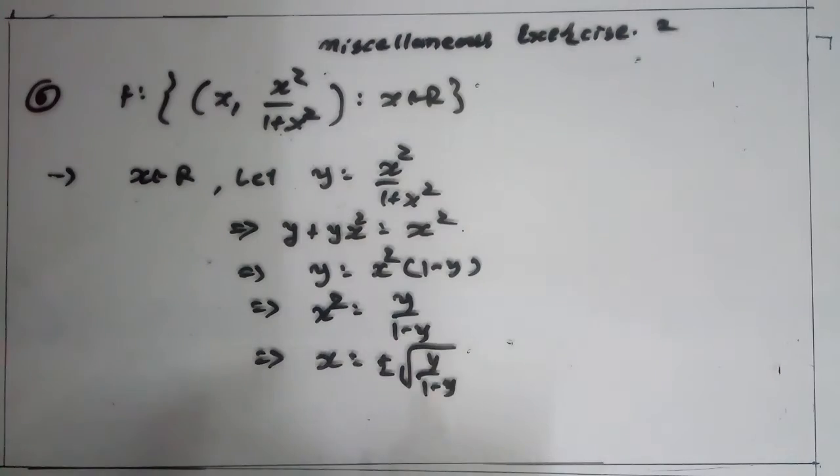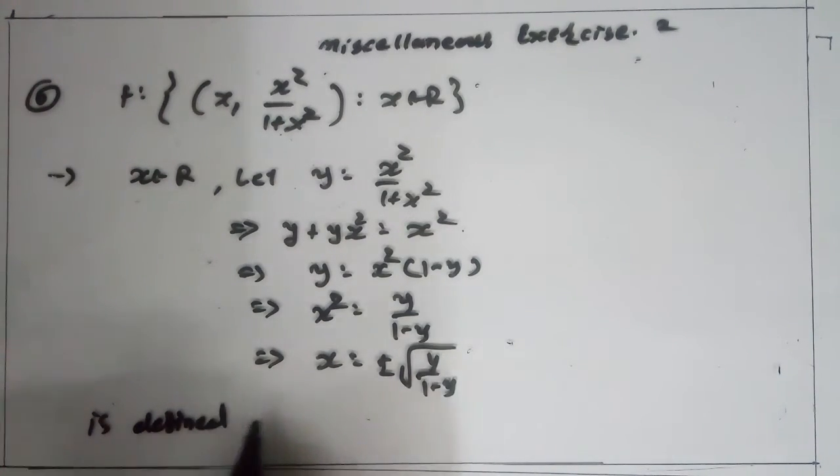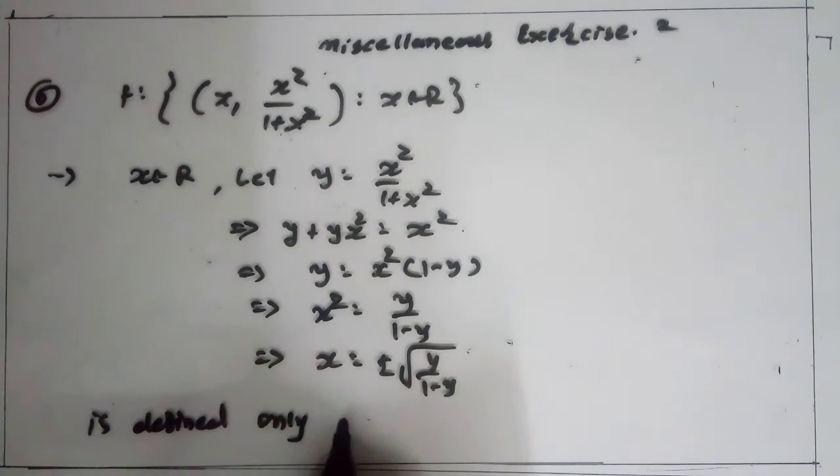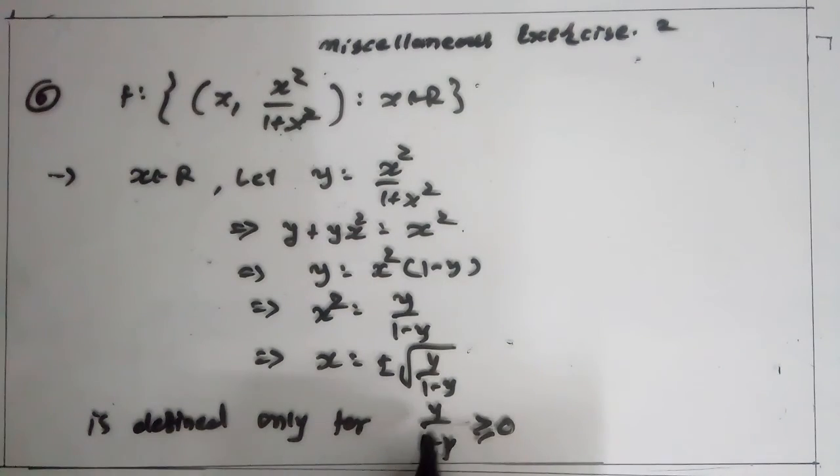And x is defined only for y upon 1 minus y greater than or equal to 0. Clear?